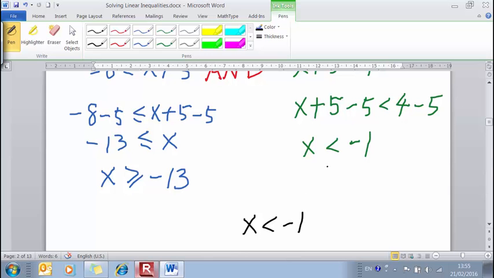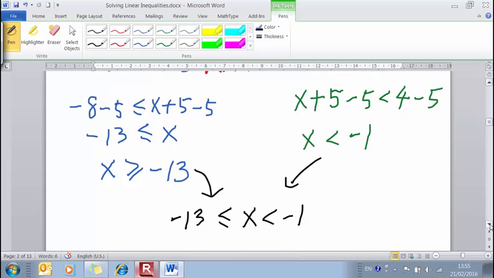This is from the green inequality, and we'll combine with the solution from the blue inequality. Now we have this inequality, x less than negative 1 and more than or equals to negative 13. And this inequality will be the solution for the original inequality.